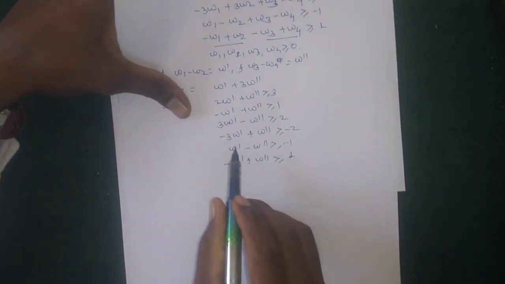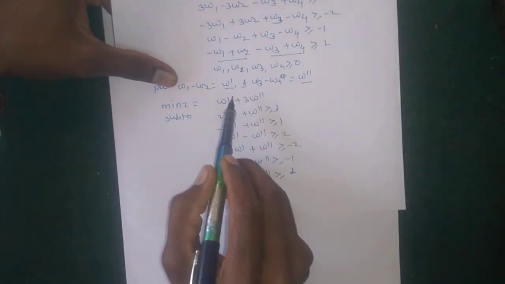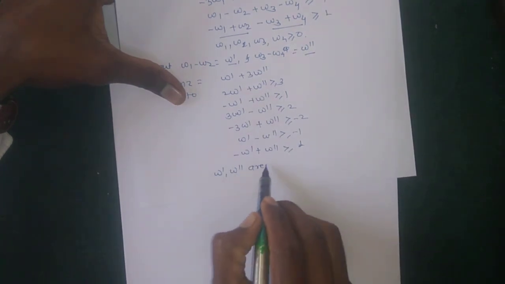Okay, and w' and w'' are each a difference of two non-negative variables, so w' and w'' are unrestricted.